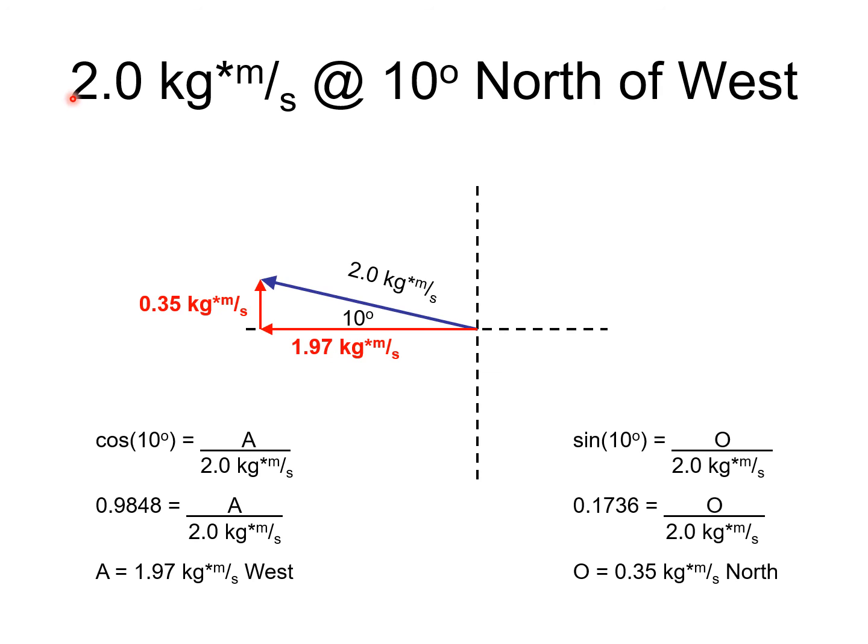So we got the hypotenuse, trig function, angle every single time. So 2 cosine of 10 degrees will be one side, 2 sine of 10 degrees will be the other side. Since I know this one's going to be the long side and this one's going to be the short side, I punch both of those, 2 cosine of 10 degrees and 2 sine of 10 degrees, and whichever one's bigger I'm going to put on the x-axis because I know that has to be the longer one. So that's a way to double check yourself to make sure you got the right components for each one of the sides.